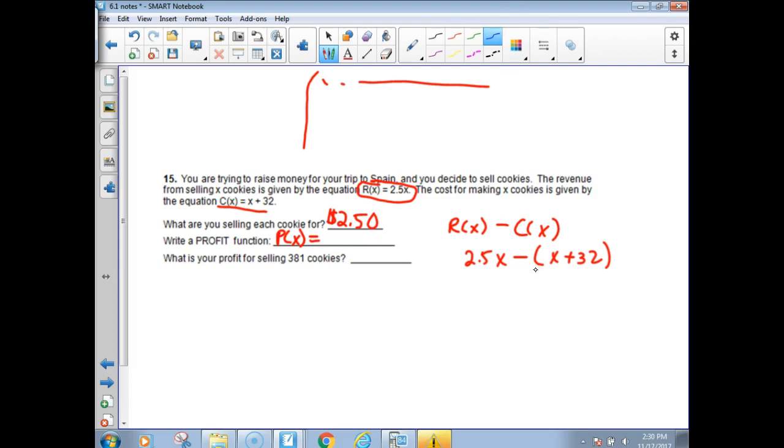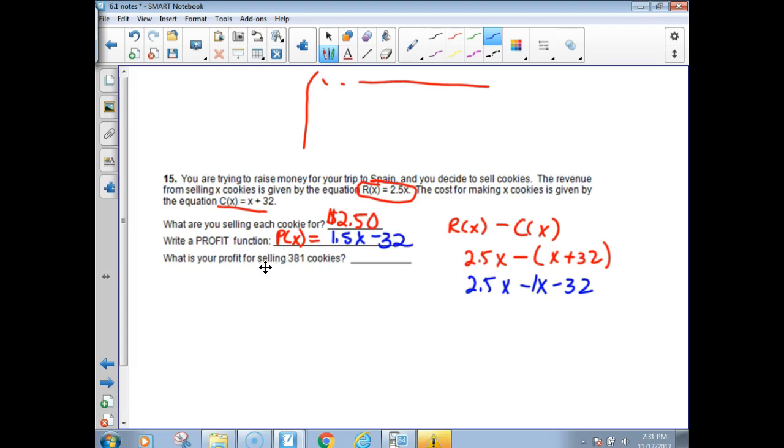Because I need to subtract, I have to distribute that minus sign. So I'm not just subtracting x, I'm also subtracting 32. Now I would simplify this, and then I can write my profit function P of x. 2.5x minus x would be 1.5x, and then minus 32. Now you've got a profit function.